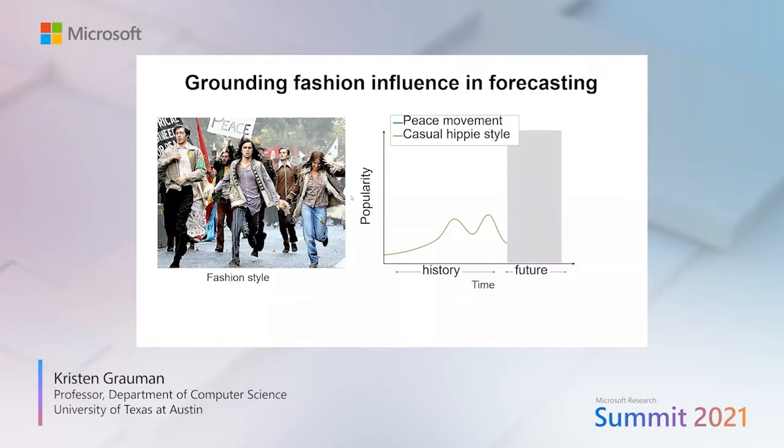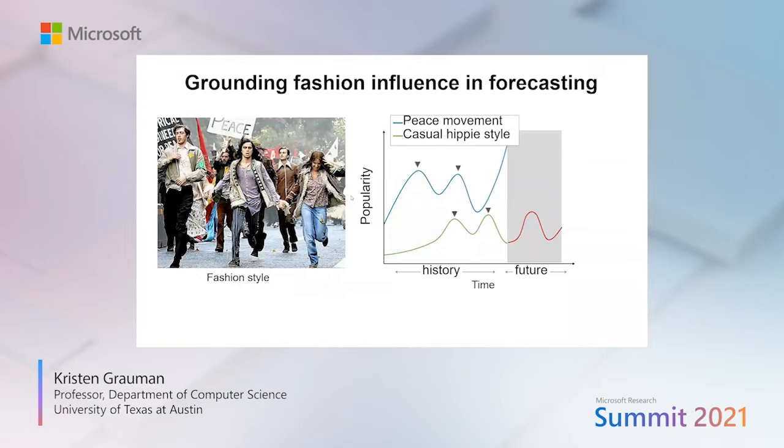But if we were to consider that clothing trend line against other trend lines that have to do with cultural factors, like, say, the peace movement, shown in this hypothetical blue curve, now, if we know that these two do have some influential relationship between them, this would change what we might expect now in the future of the hippie style, right?